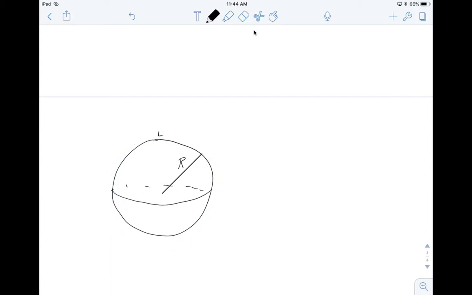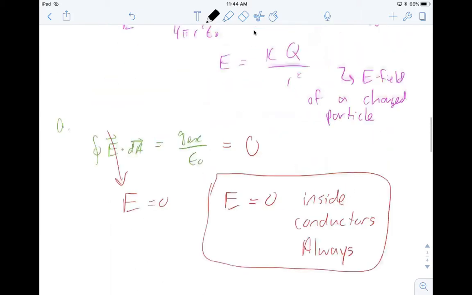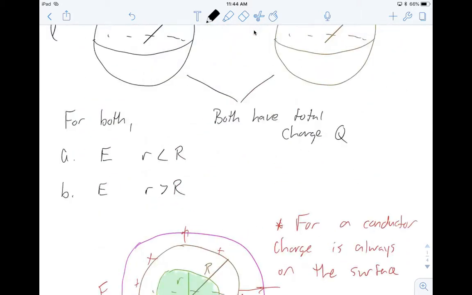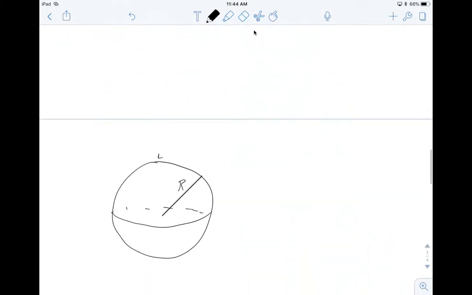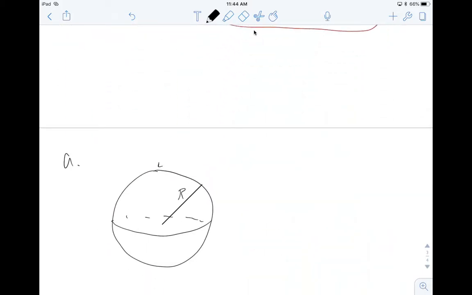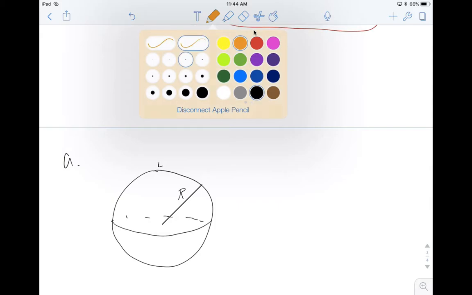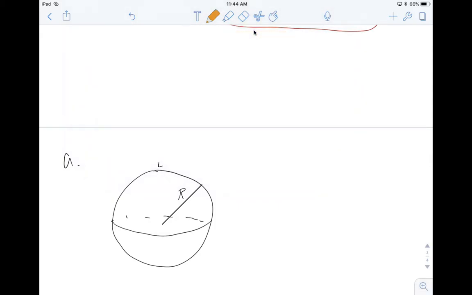Part A is when r is less than R. If we want the electric field inside of this volume, we're going to pick a Gaussian surface that is inside of this volume with a radius of little r.